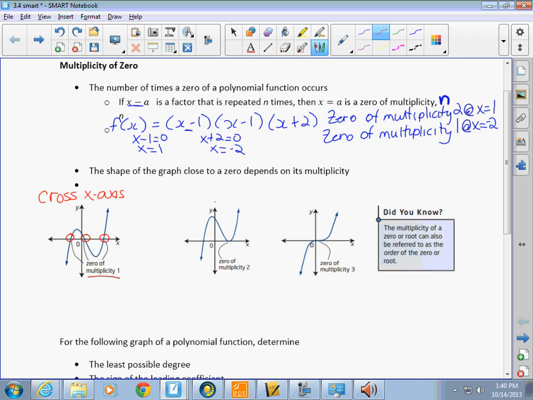In this example here, it's crossing here, but at this point here, it's tangent. And if you just think of the shape from here to here, it's a parabola. So we know it's a quadratic, so that means that it would have to be an x squared to get that shape. So this one, wherever it is tangent, means that there is a multiplicity of 2.